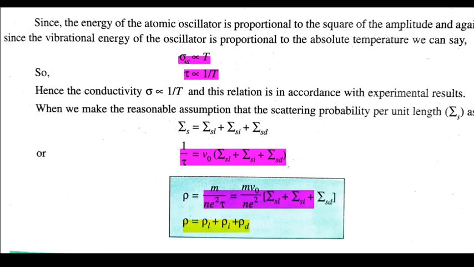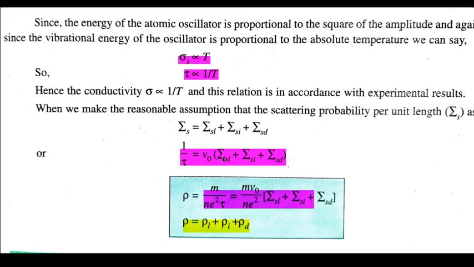And since sigma s is directly proportional to T, or tau is inversely proportional to it, I can say 1 over tau is equal to the sum of these.